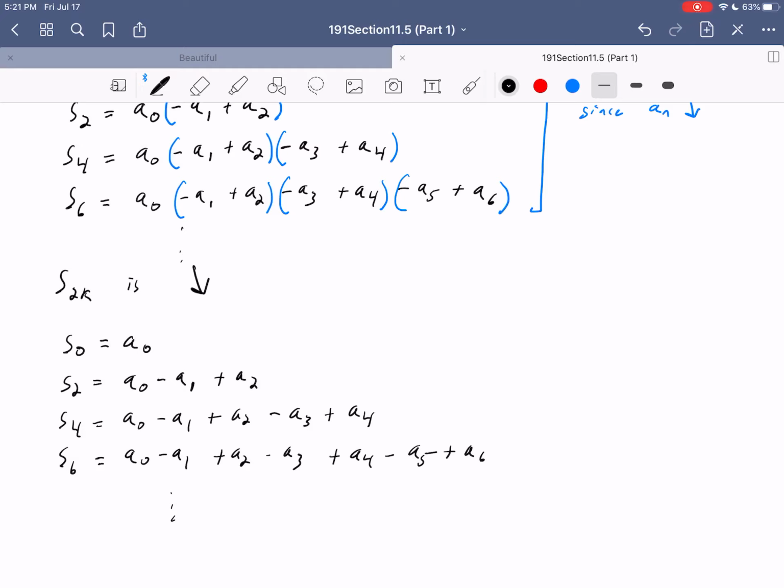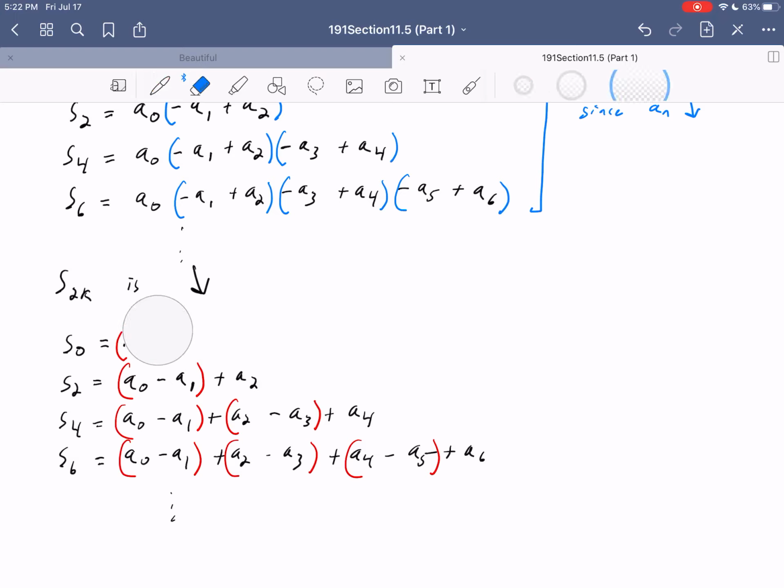Okay, now what I'd like to do is group the other way. So I'm going to take this piece, and this piece, and this piece. And actually, I'm not going to group this first term, because it doesn't really need to be grouped. Let's go ahead and write that more like this.